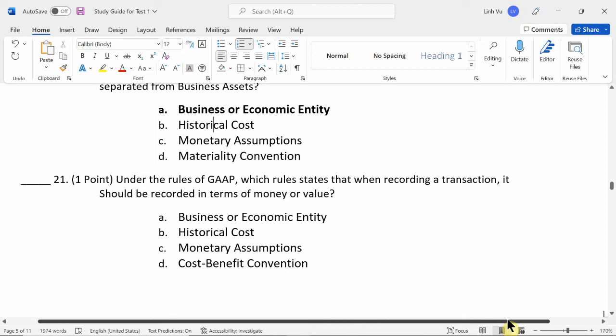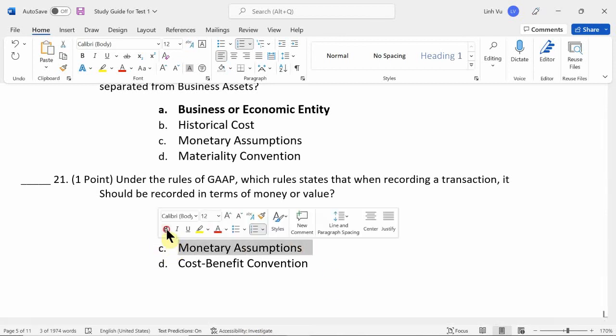Monetary assumption, yes, because this is a monetary measurement where you cannot record a transaction in terms of quantity. It has to be dollar value. So when I journalize, it has to be in terms of dollar value. It can't be quantity, okay? So this is a monetary assumption, yes. Okay.